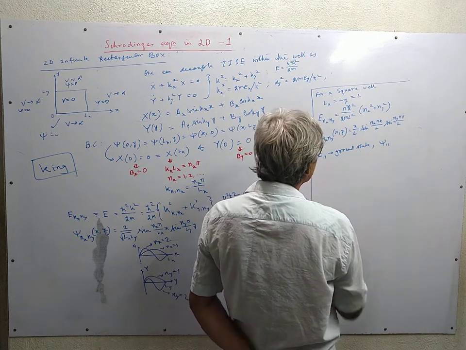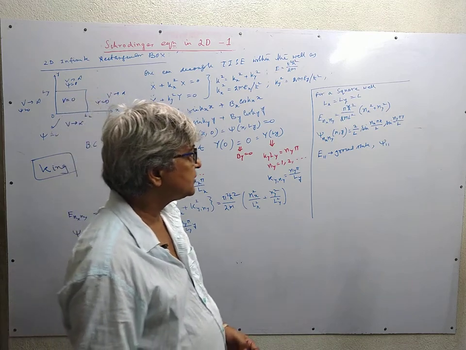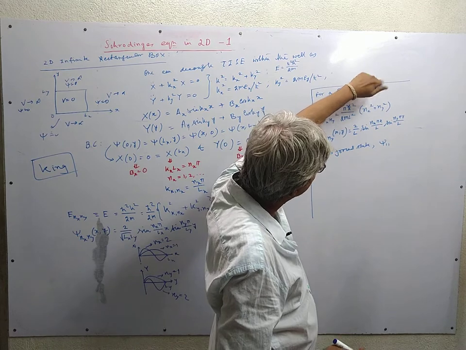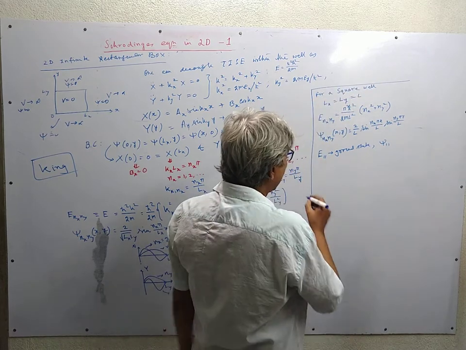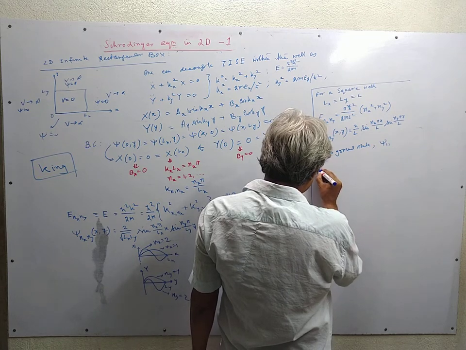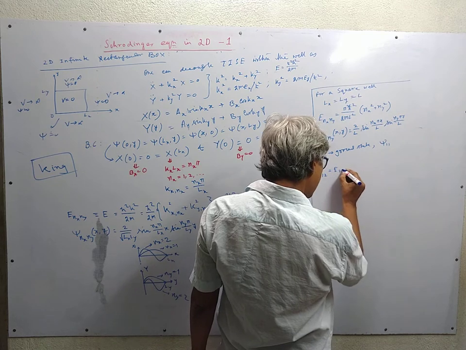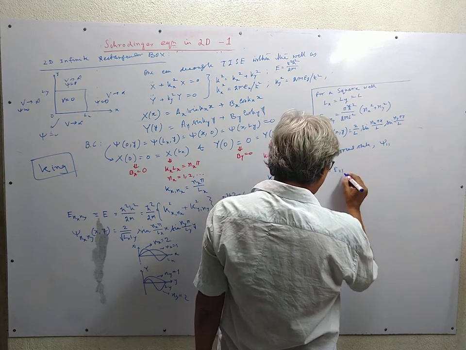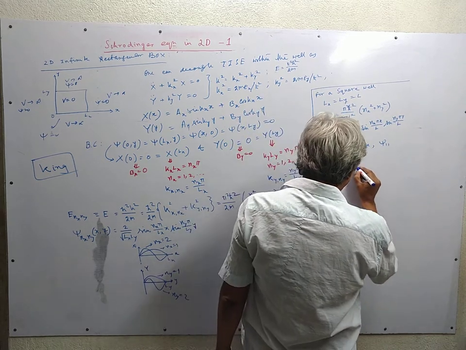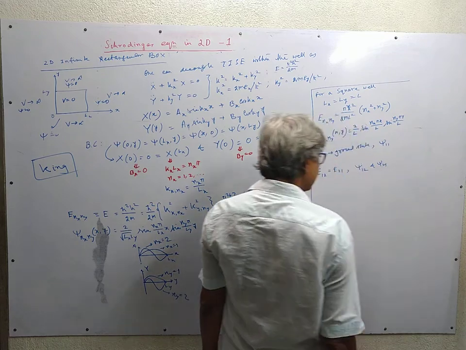Now you come to the next state. The first excited state is obtained when either nx or ny is 2 and the other one is 1. In that case, the energy E12 is equal to E21 for the square well, and they have the same energy but correspond to two wave functions, psi 12 and psi 21.